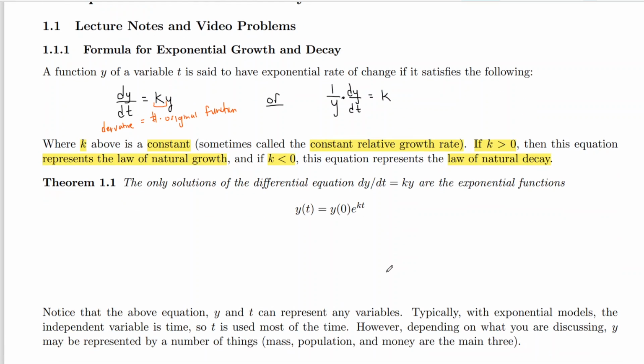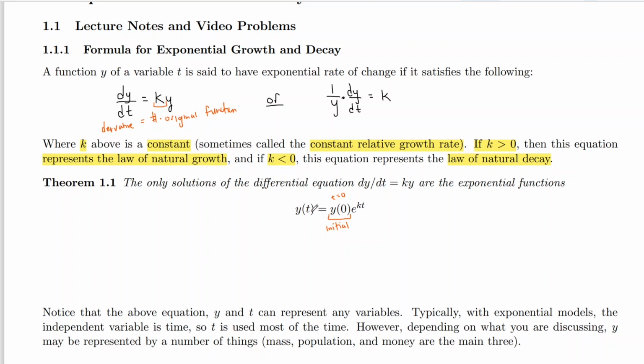Now I have it written in a particular way. It says y of t equals y of 0 e to the kt. y of 0 is just the function itself evaluated at 0. And typically we think of that as the starting or initial amount of whatever we're doing, because it's at t equals 0.